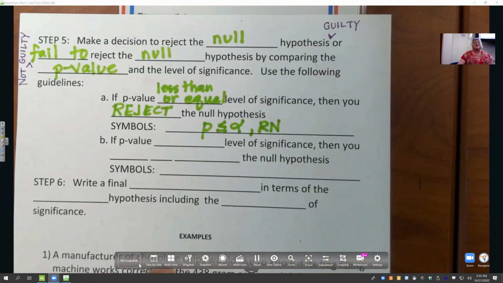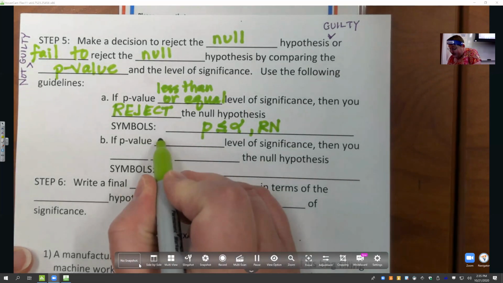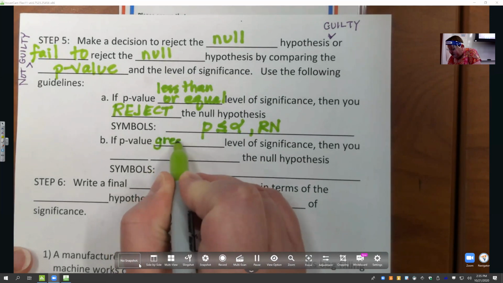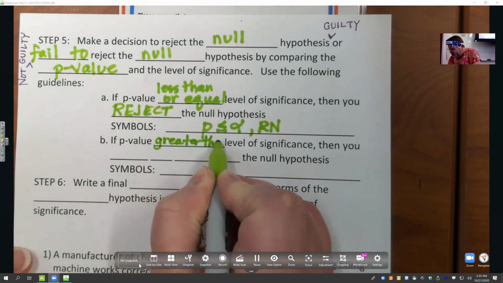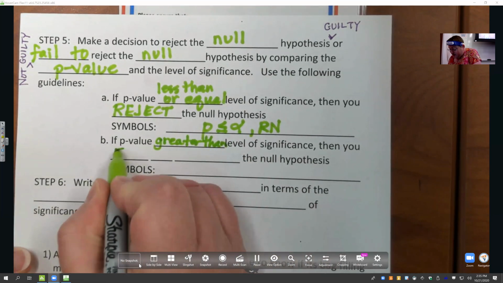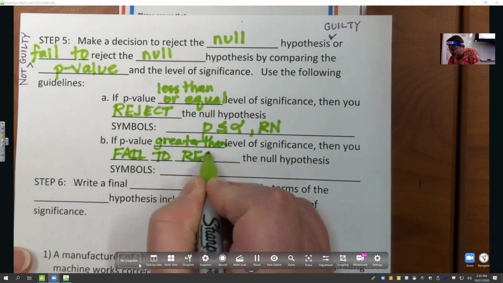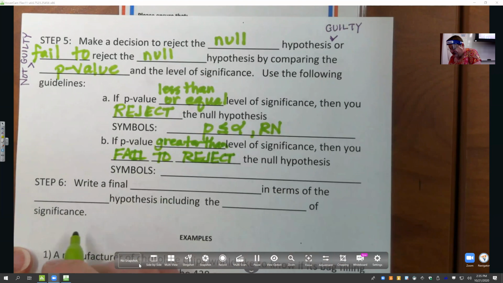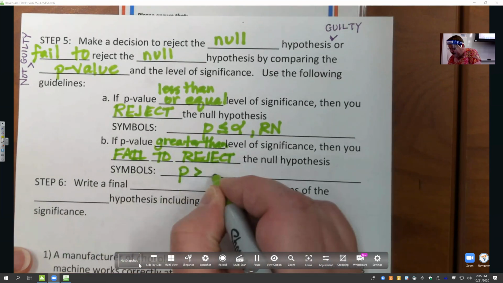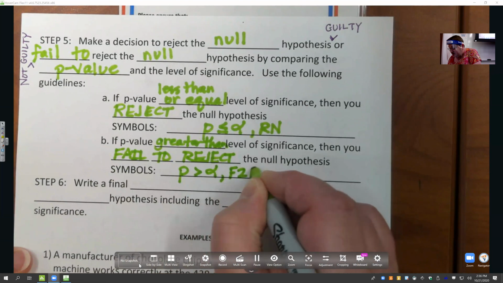If the p-value is less than or equal to the level of significance, which is alpha, then you reject the null hypothesis. On the flip side of that, if the p-value is greater than the level of significance, then you fail to reject the null hypothesis. So if P is greater than alpha, you fail to reject the null.